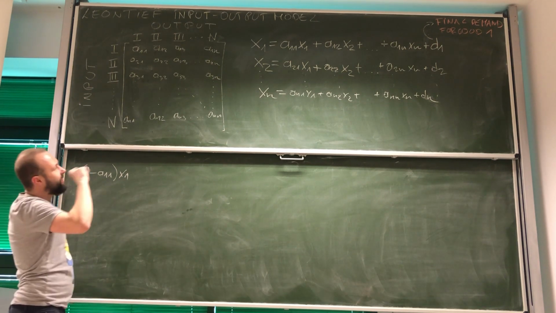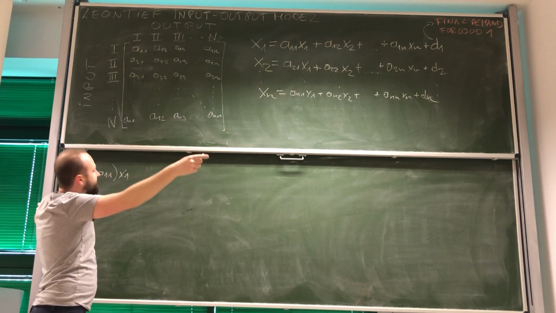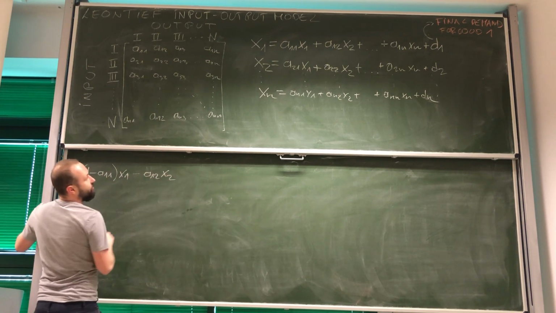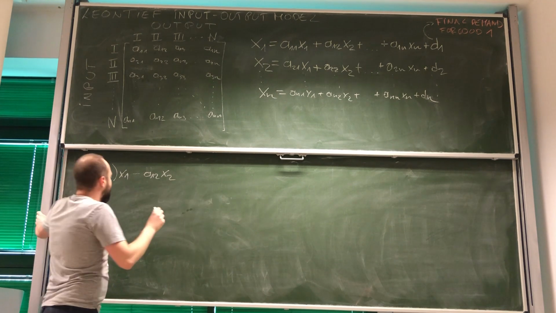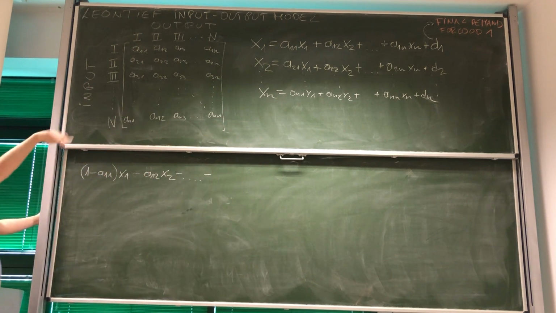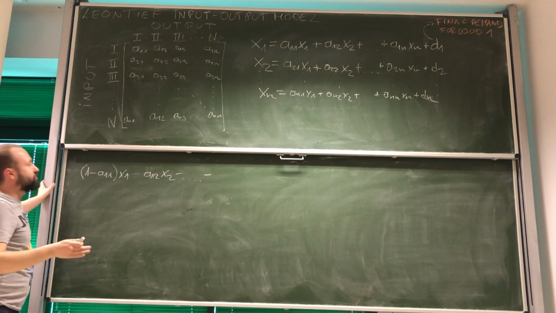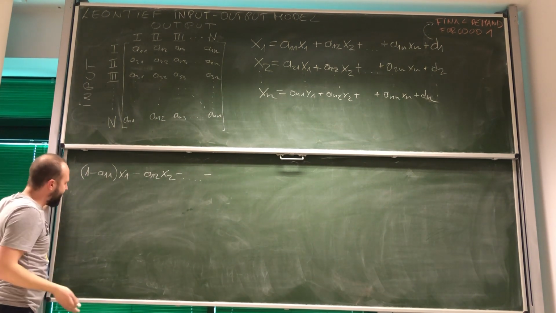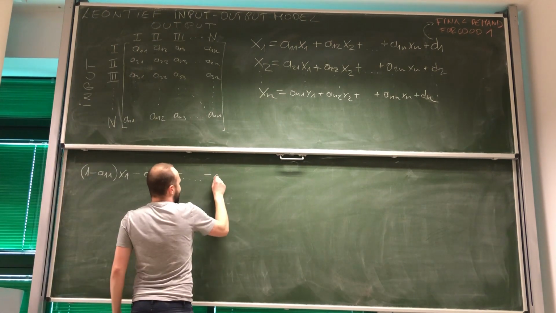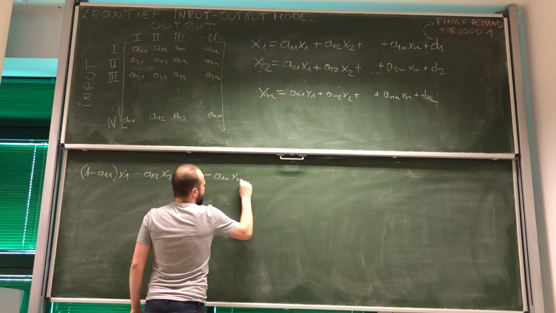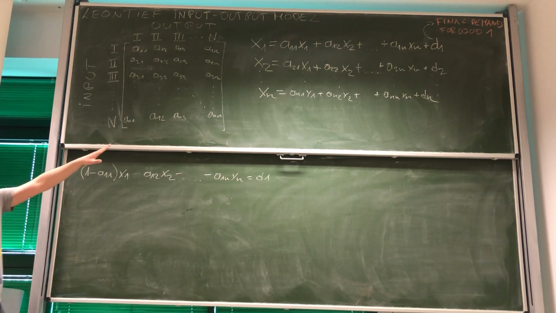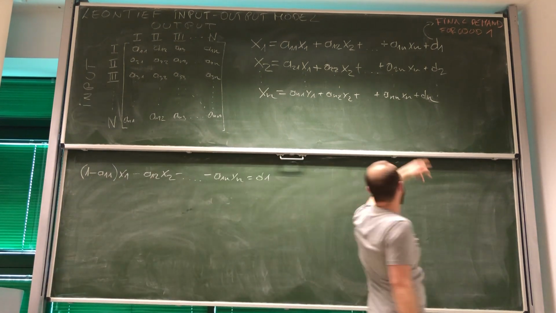Then I'm going to subtract a12 x2, so we have minus a12 x2, and each next expression will be subtracted, so we have negative a13 x3 until negative a1n xn, which is equal to d1.